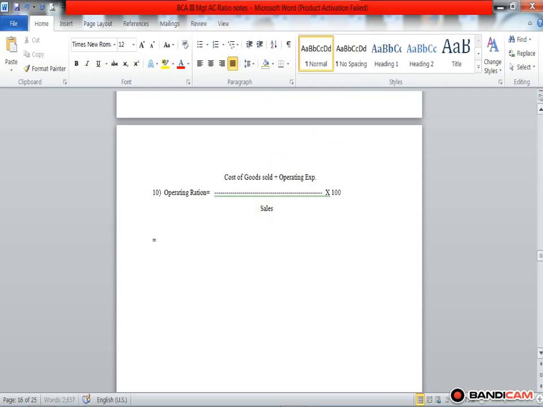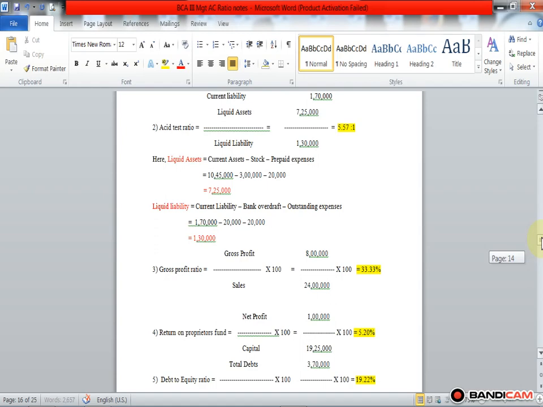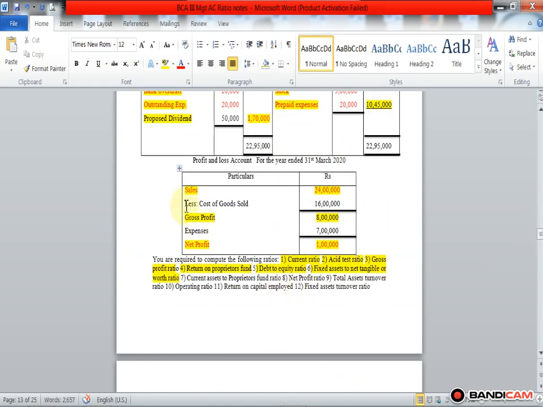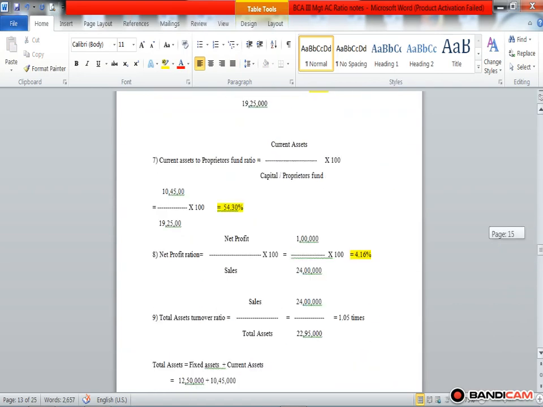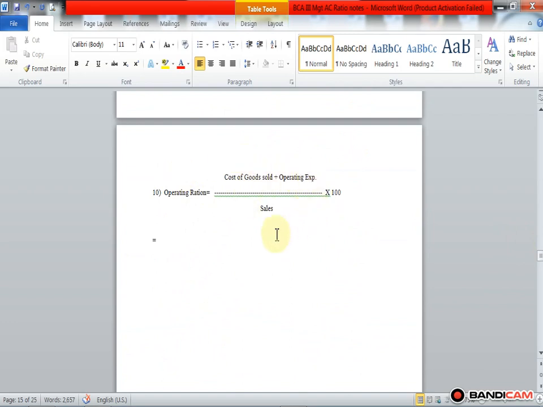So here put the figures in the formula. Cost of goods sold is given in the problem, that is 16 lakh, and expenses is 7 lakh. So 16 plus 7 is equal to 23 lakh. 23 lakh is the amount of cost of goods sold plus operating expenses.